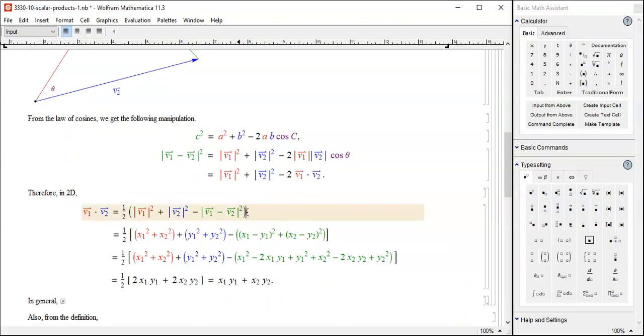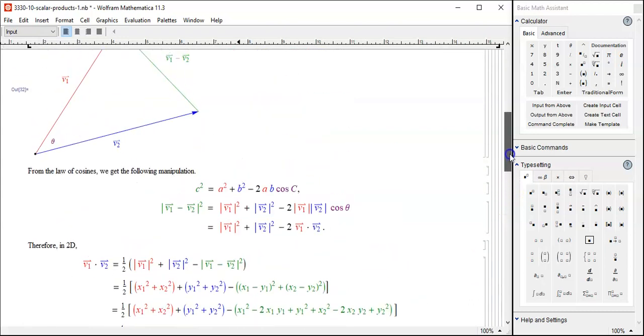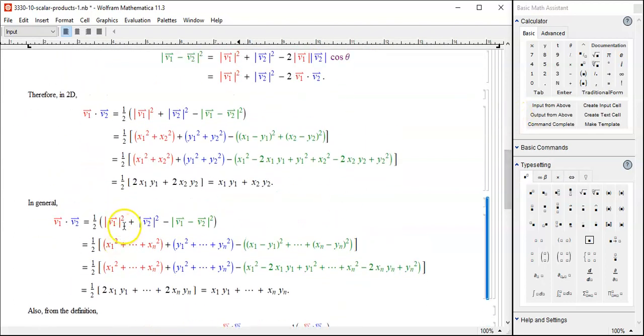And then do some algebraic computation. By Pythagorean we have this, Pythagorean we have that, and by Pythagorean we have this, and break up these complete squares and do some cancellation. All the x squares and y squares will all be cancelled out, and then what's going to be left? What we have left will be precisely what we wanted. Even if you have the n-dimensional case, the definition is the same. By the way, same picture, but not restricted in the plane, kind of tilted in arbitrary dimensional space, but still, the size of v1 is nothing more than Pythagorean.